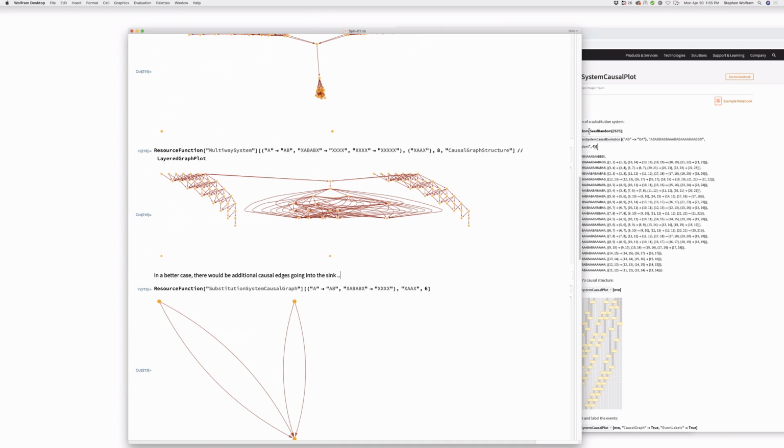But each causal edge, I mean, this is something we can model nicely. We need to do this. But each causal edge, as it falls in, can generate a branch pair.